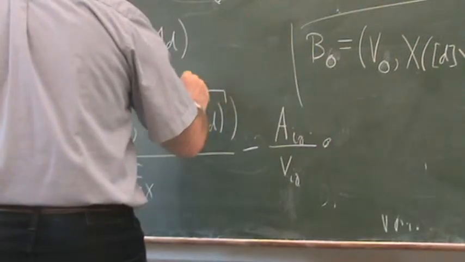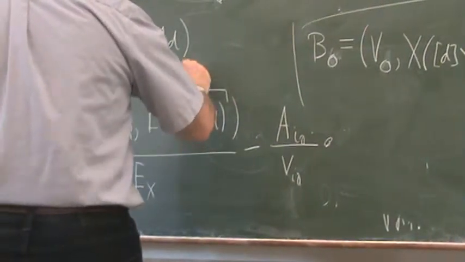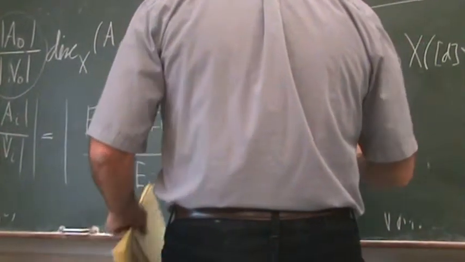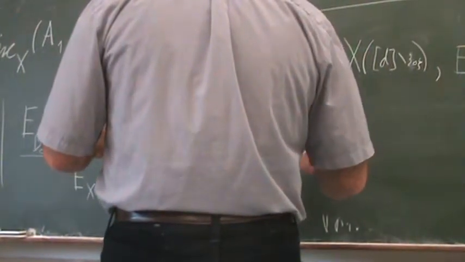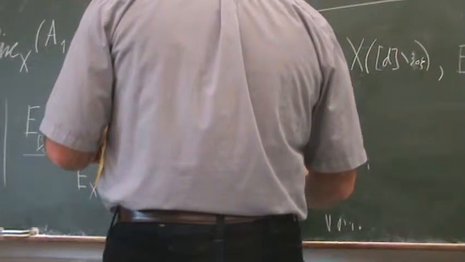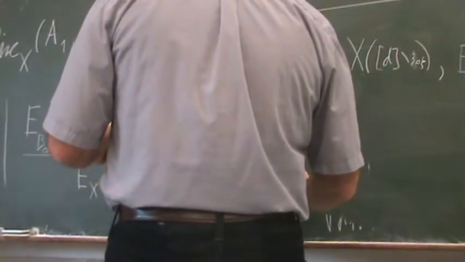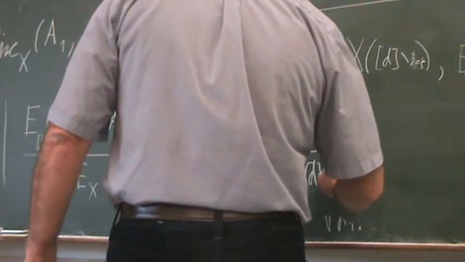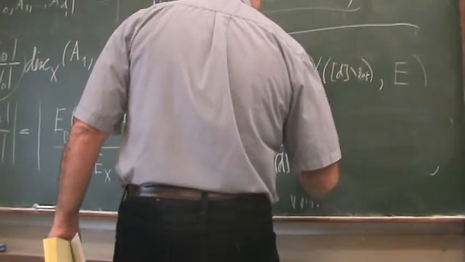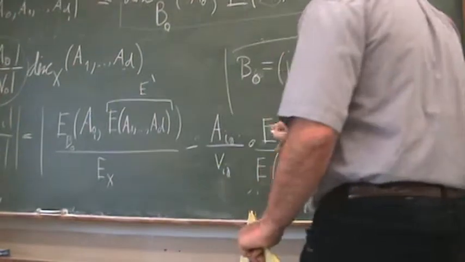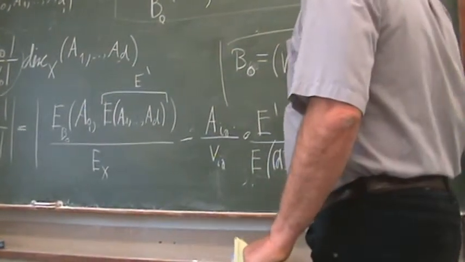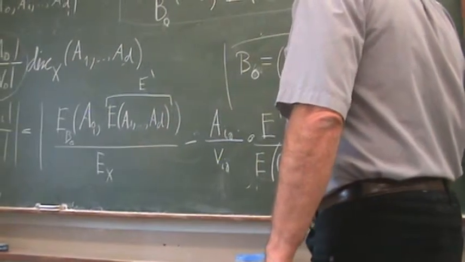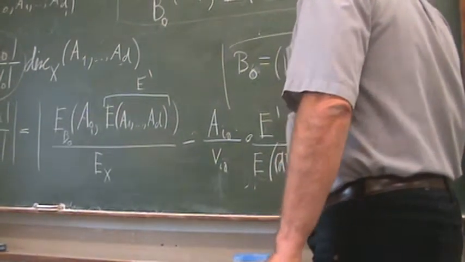I will call this E prime minus E prime divided by E of D minus 0. Now, you don't even have to understand what I write it, because I will do this minus plus exactly the same thing. So I'm certainly allowed to do it.